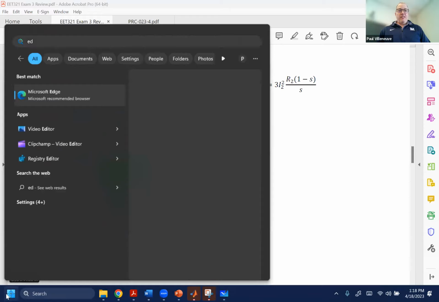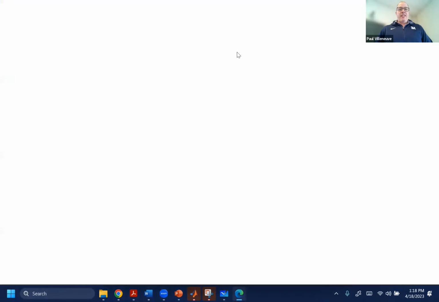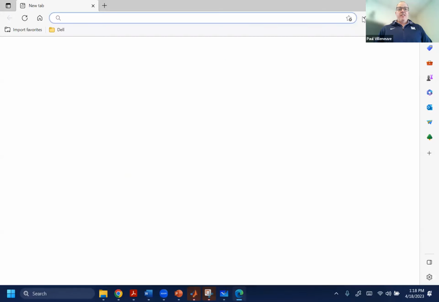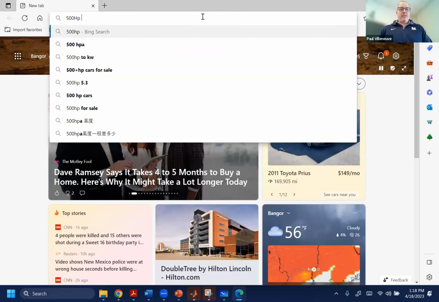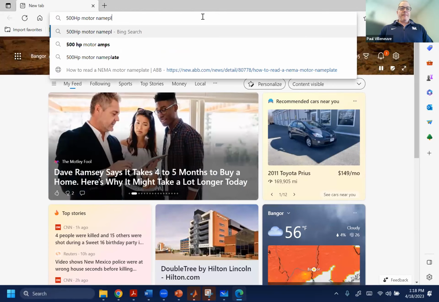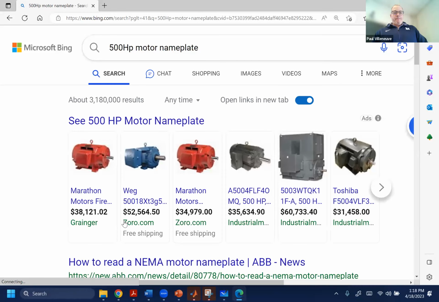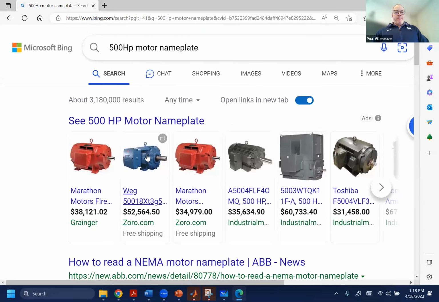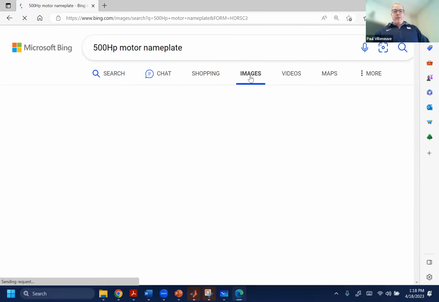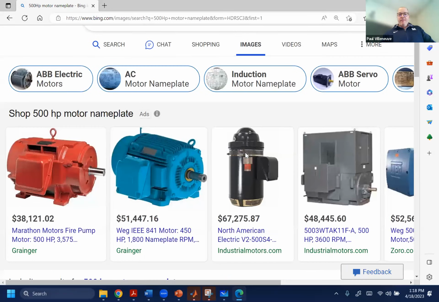Let's see if we can find a decent size nameplate. Let's go to a 500 horsepower motor nameplate. 500 horsepower motors are not that common.